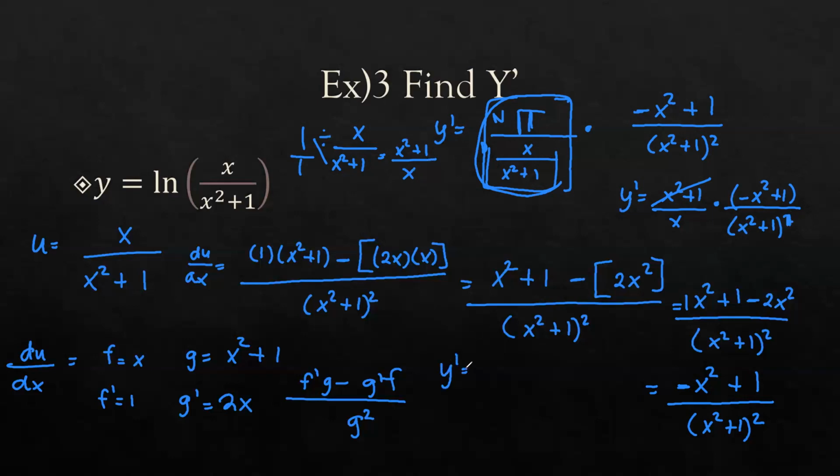So your final answer is: y prime equals negative x squared plus 1 over x times x squared plus 1.